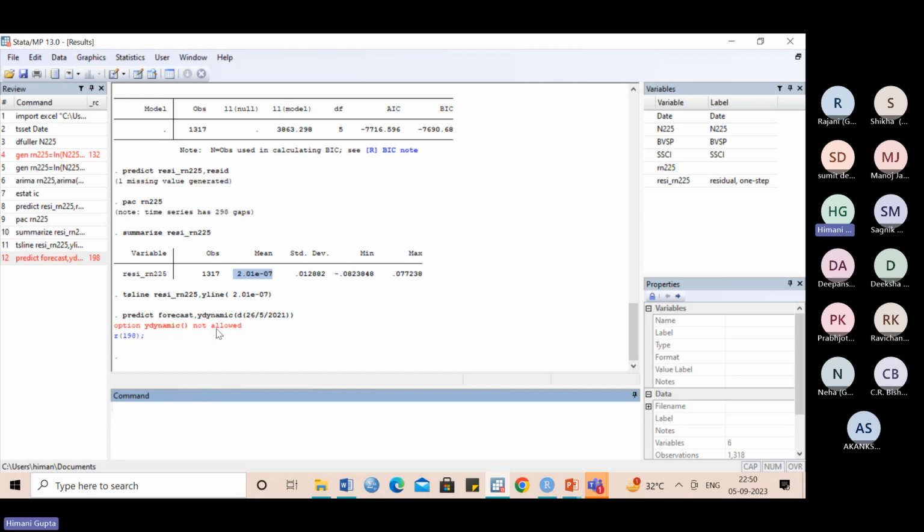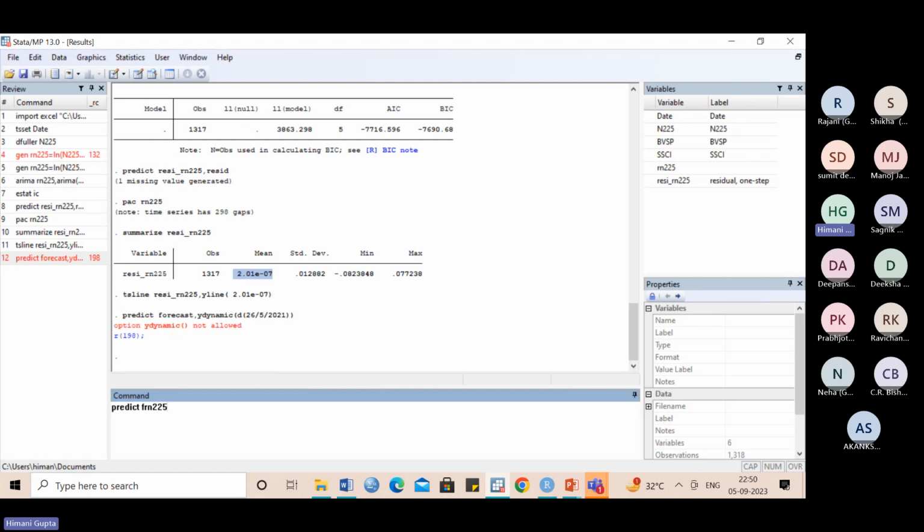Let me write it again. Predict FRN225, let me give this name.